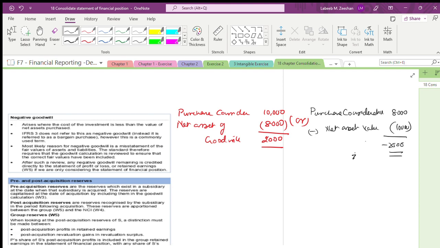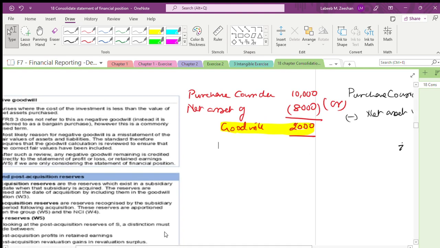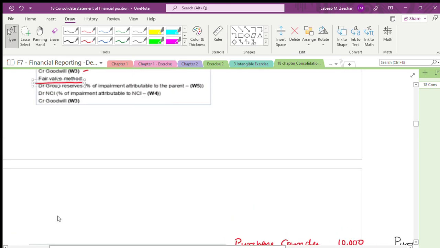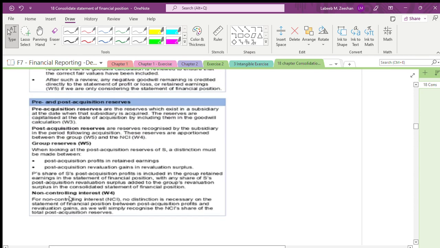But I'm telling you this with all my experience: you will have 99% positive goodwill only. If there is anything in the MCQ, they may ask about negative goodwill, but in totality it will only be positive goodwill.